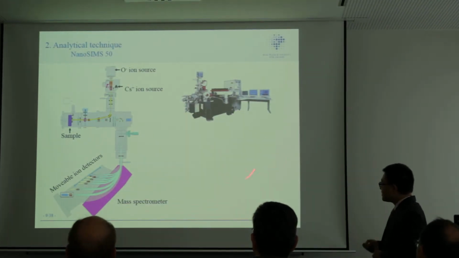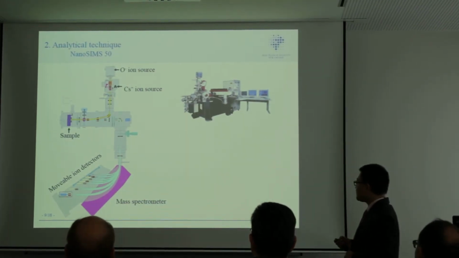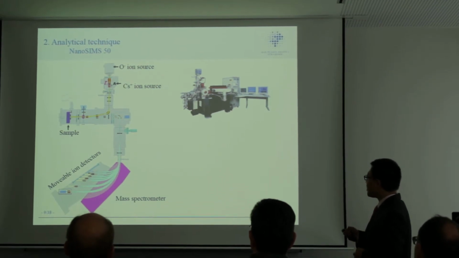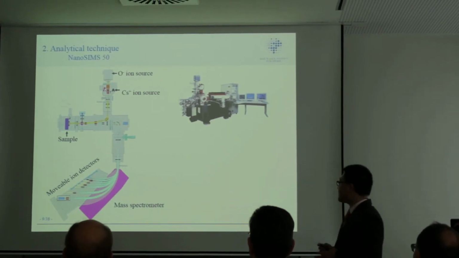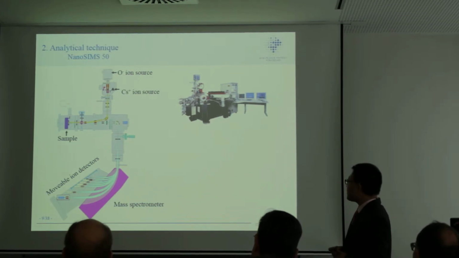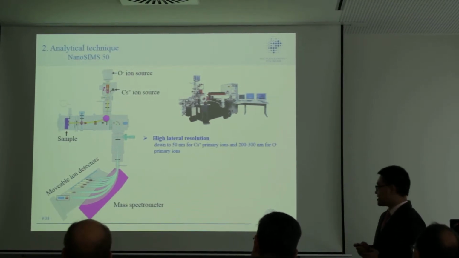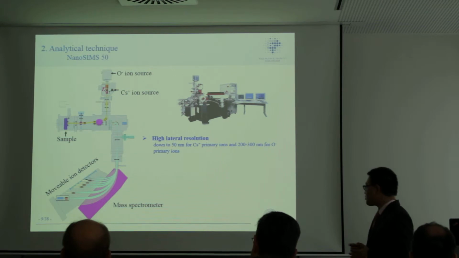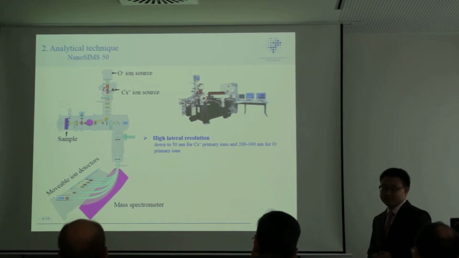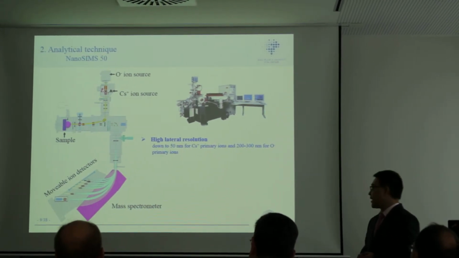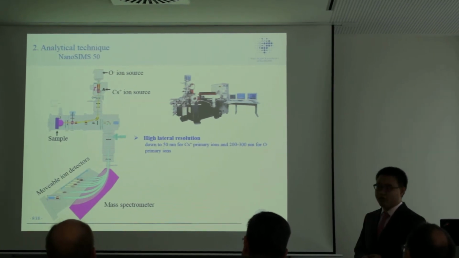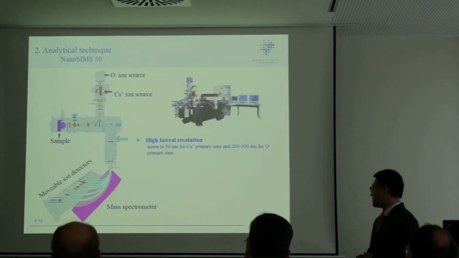This is the instrument used in this work, NanoSIMS 50. It has two primary ion sources, oxygen minus and cesium plus. Primary ions are focused on the sample surface with high lateral resolution, down to 50 nanometers for cesium plus primary ions and 200 to 300 nanometers for oxygen minus primary ions.